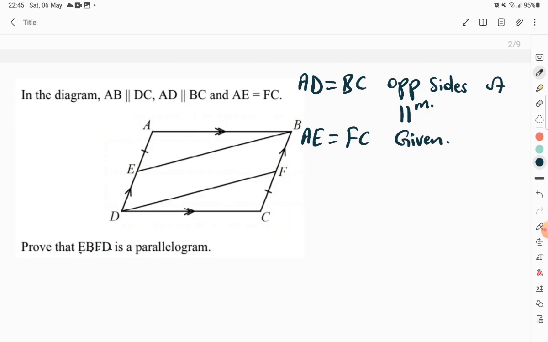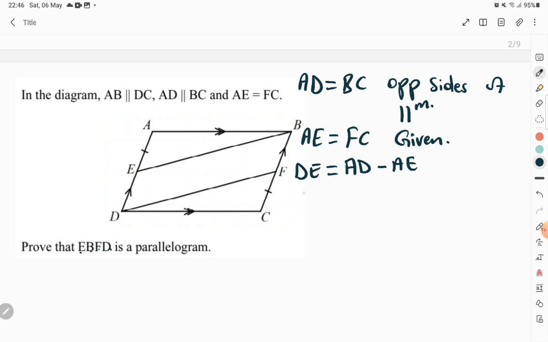But we know that DE is equal to AD minus AE. Actually, this one is equal to the whole of this line minus this portion, so that gives DE.